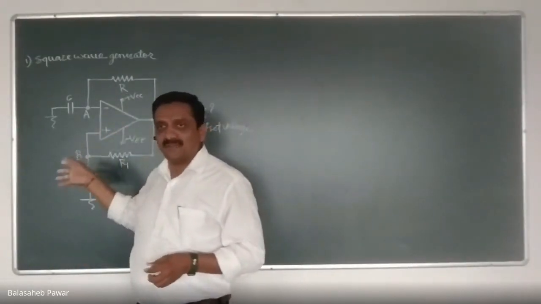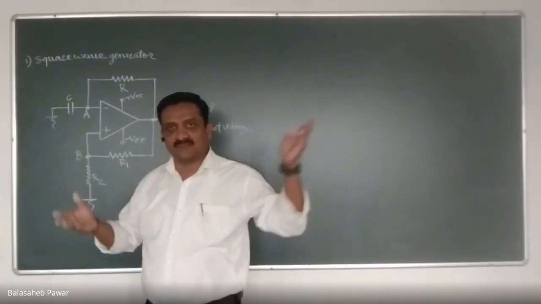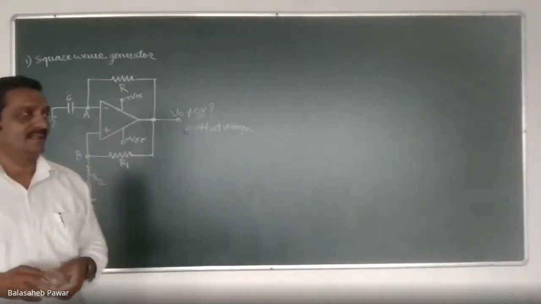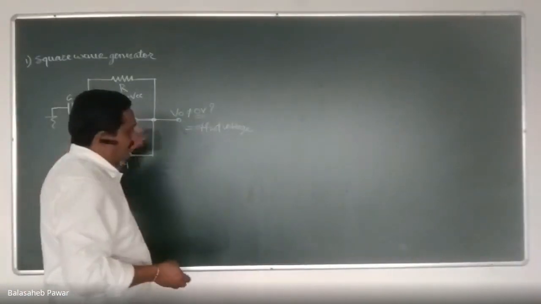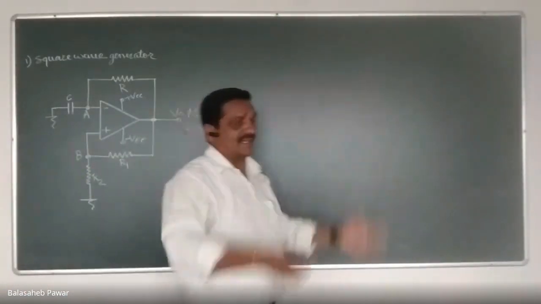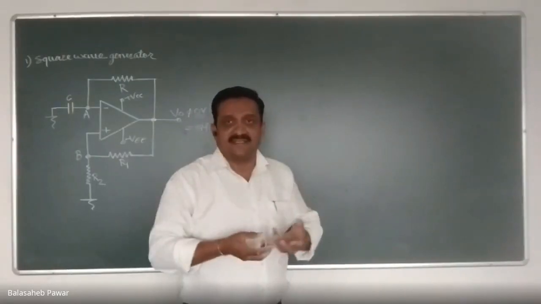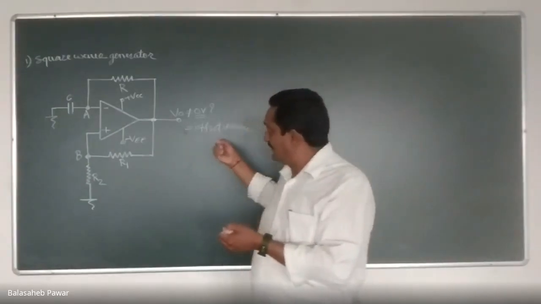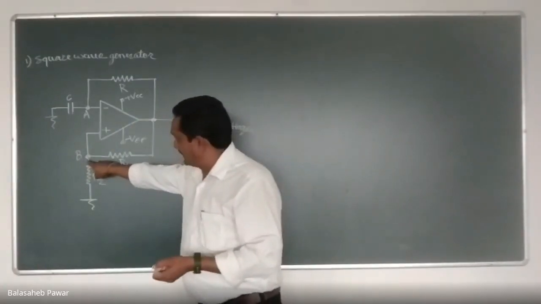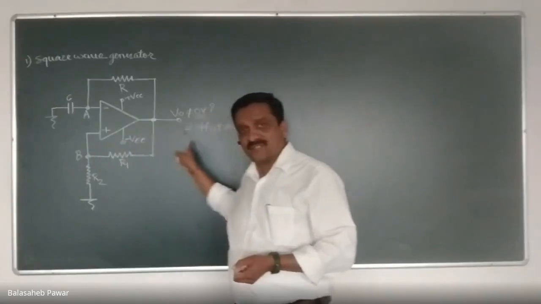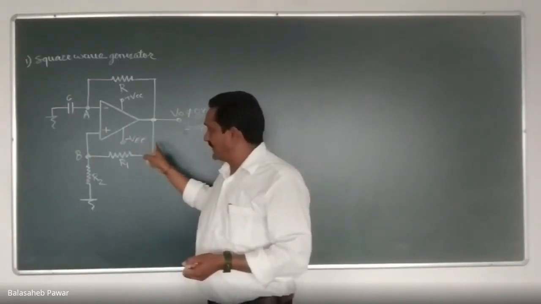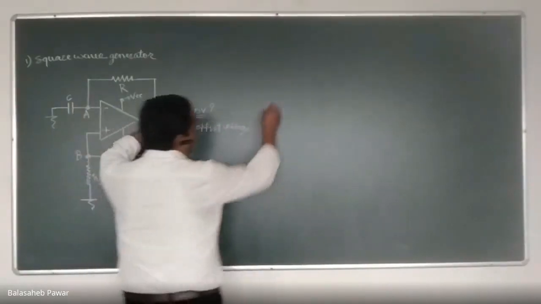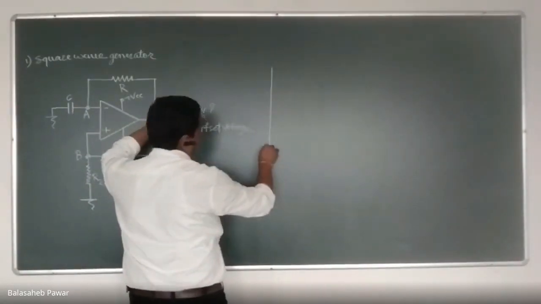Already this op-amp has its open loop gain very, very high, that is 2 into 10 raised to 5 for general purpose op-amp 741. And again, if positive feedback is used, the gain will be very, very large. So that very large gain into this node voltage, which is generated by offset, will be the output voltage, and it will switch that output to plus Vsat.